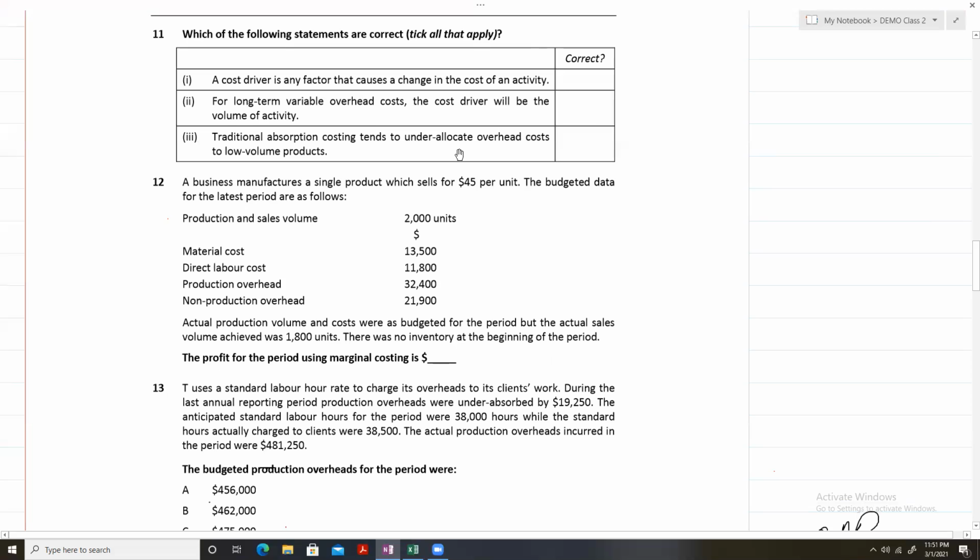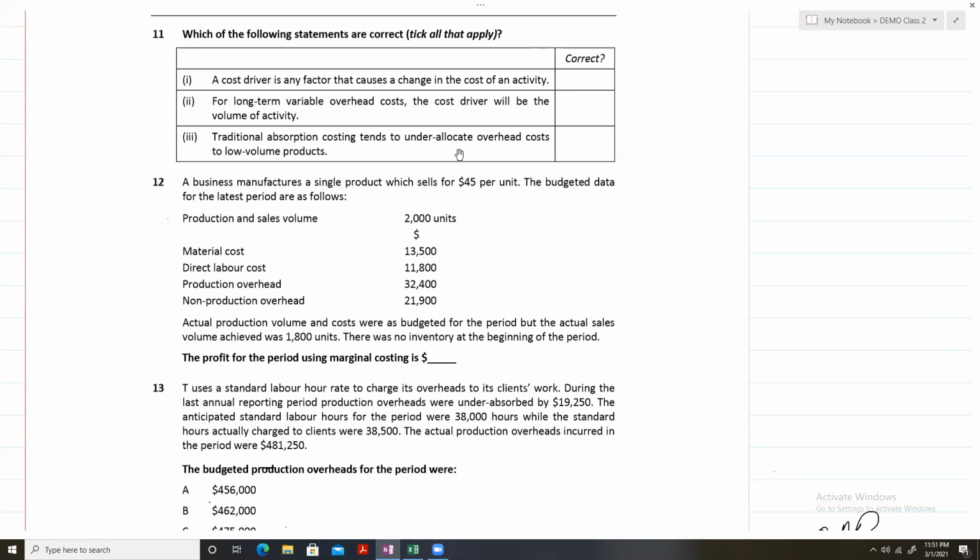Bear in mind the difference between the two approaches: absorption costing requires you to add production overheads to the value of inventory, whereas marginal costing values inventories only on the basis of variable costs.